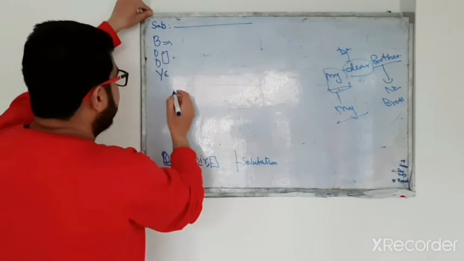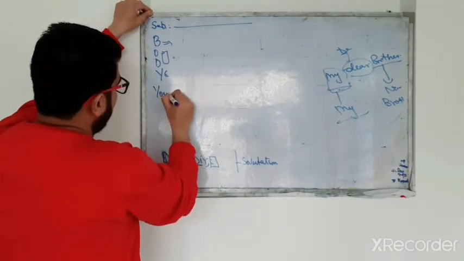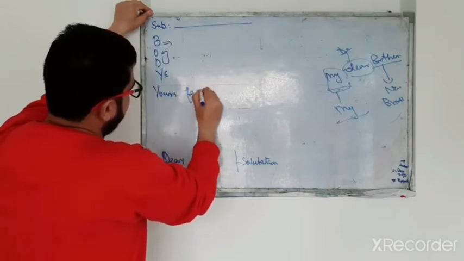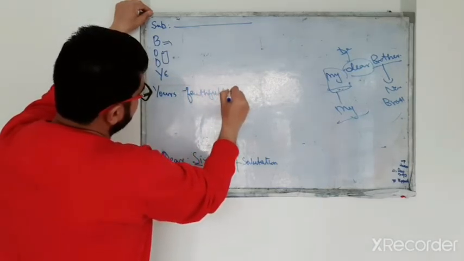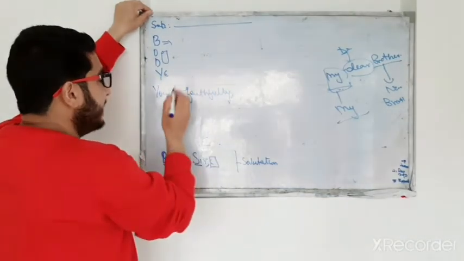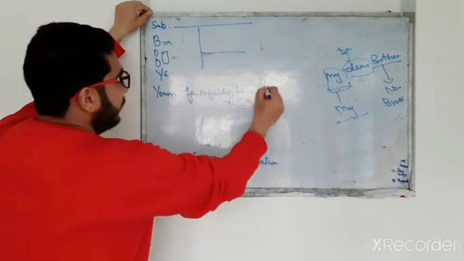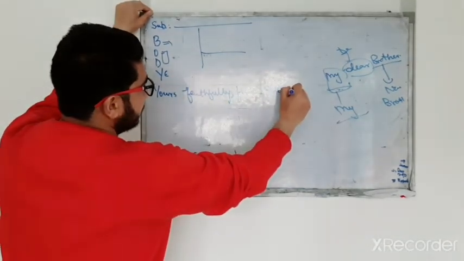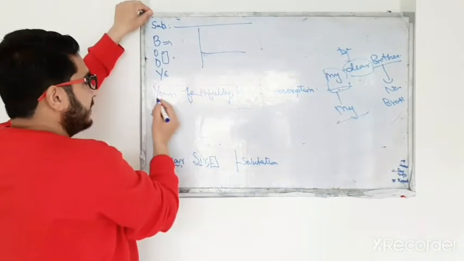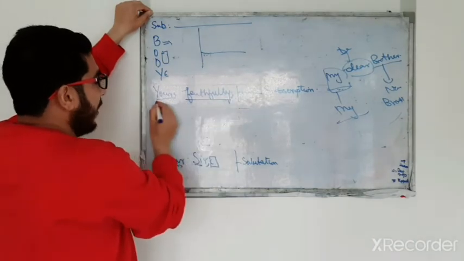And then we have to write the subscription. And after the subscription we have to place a comma. See, the rule for subscription is that the first word of the subscription we start with a capital, only the first word.